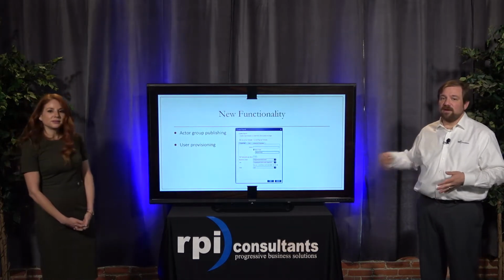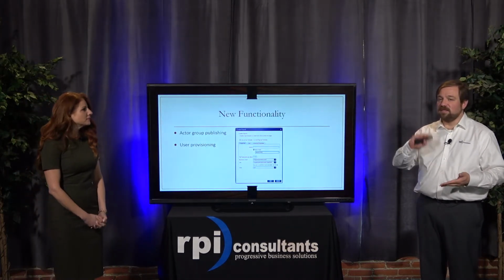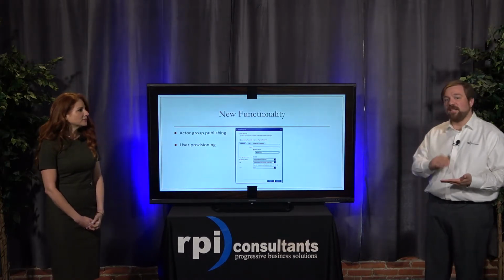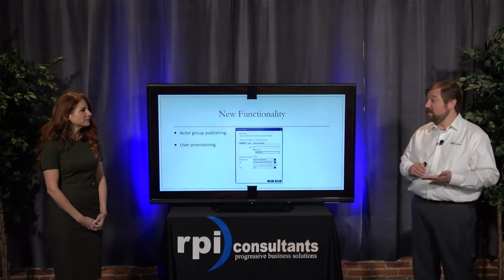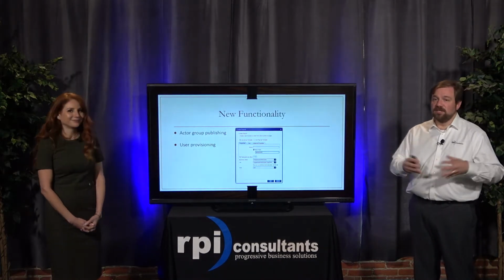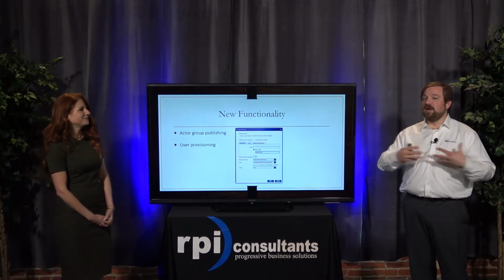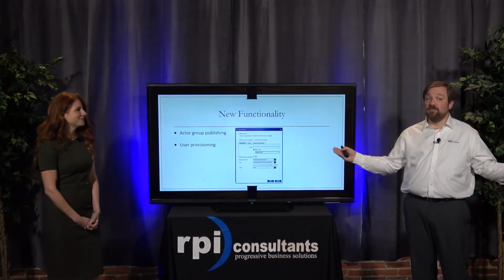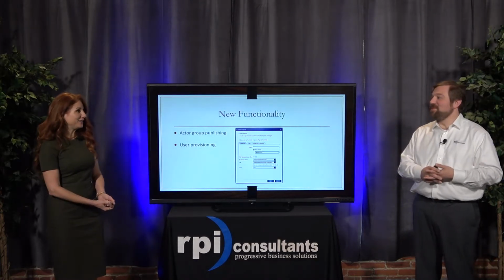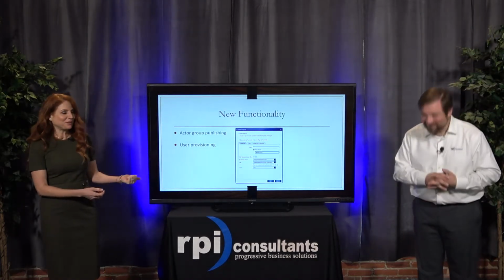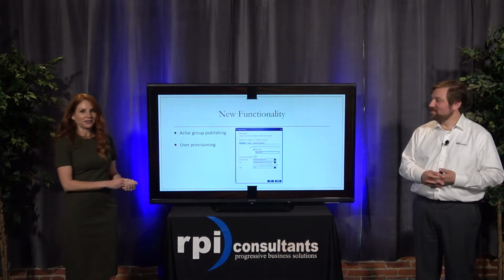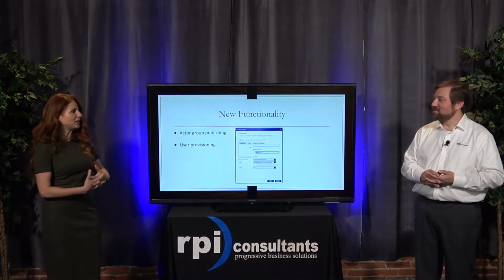So, talking about a couple new functionality pieces, something that is very, very recent. I don't know exactly which version of 11 it is, but they've just pushed out actor group publishing. When we were just talking about making things public, that was wide open. It was everybody in the organization. Matt and I dealt with this years ago. Before Matt came to RPI, he worked at an organization, and I came out there to help with some security configurations.